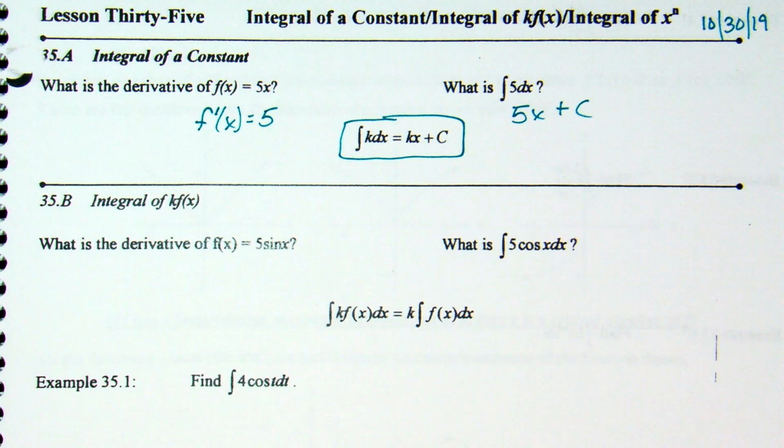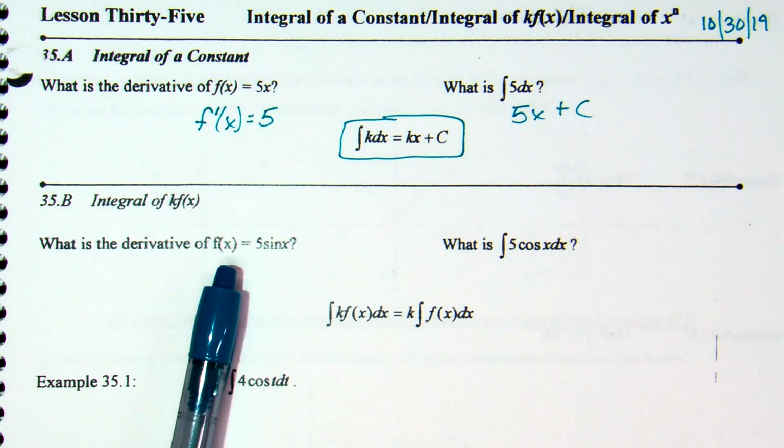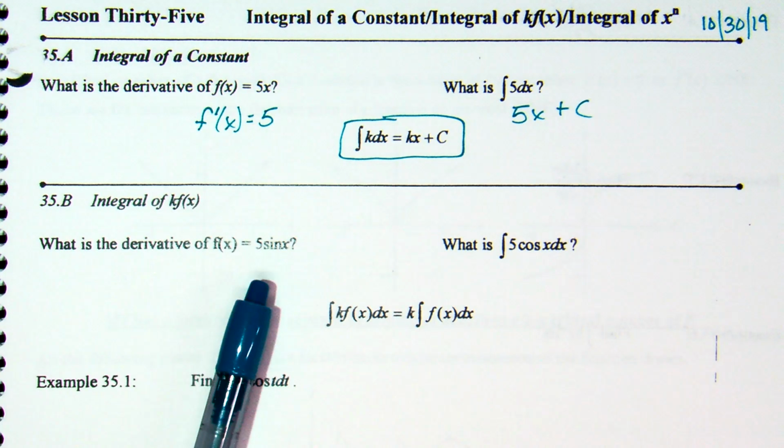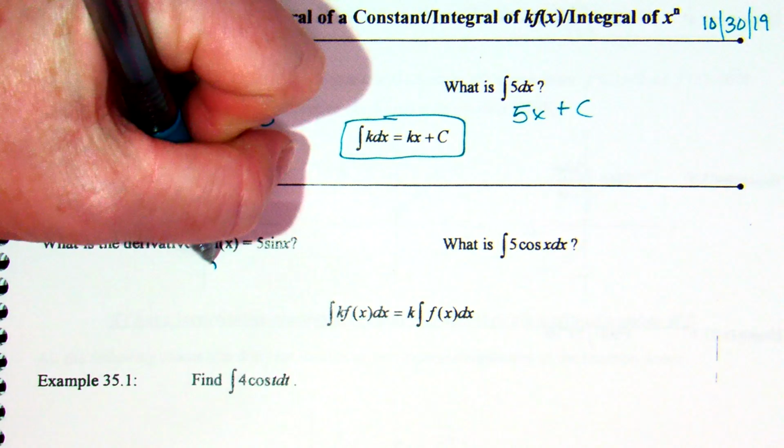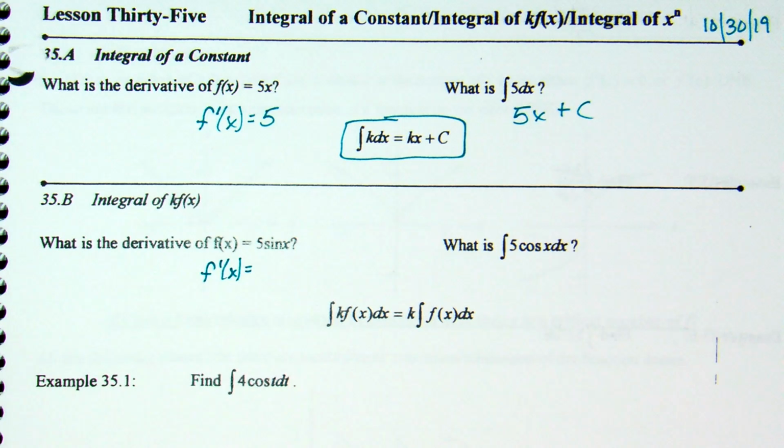So, this one, integral of a constant times a function. Right here, forward thinking first: if f of x is 5 sine x, then what is the derivative? Think back to what you already know. What is the derivative of 5 sine x? 5 cosine x. Because you keep the 5, and the derivative of sine x is cosine x.